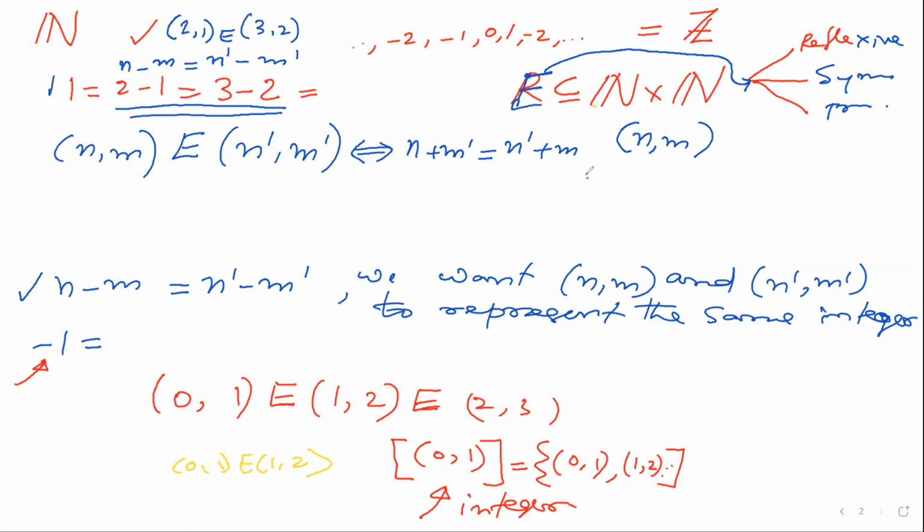This equivalence relation is on N cross N, by the way. An equivalence relation is a subset of this that satisfies these properties. So what is this equivalence relation? It is defined like this. Why did we define it this way? Because we want (n, m) and (n prime, m prime) to represent the same integer.